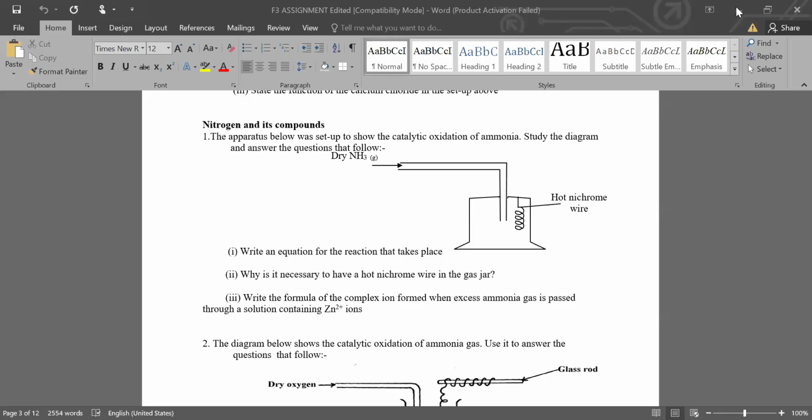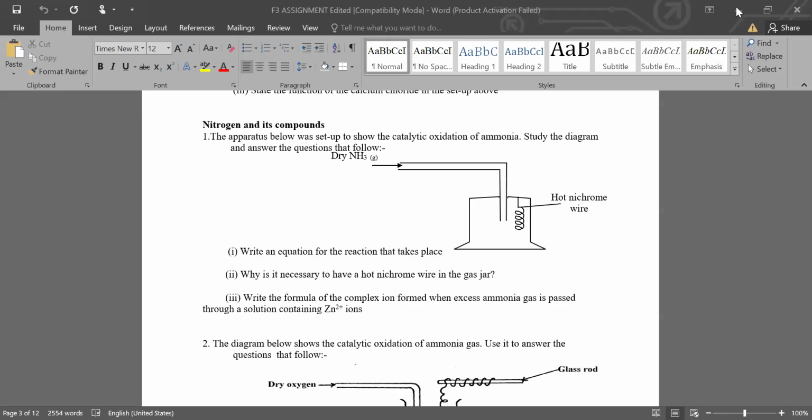If ammonia is bubbled in either of those zinc soluble salts, when the reaction of the zinc and the ammonium hydroxide takes place, then zinc hydroxide, which is an insoluble white precipitate, will be formed.